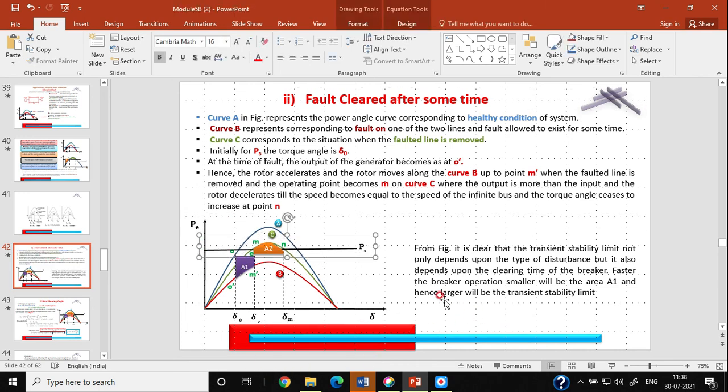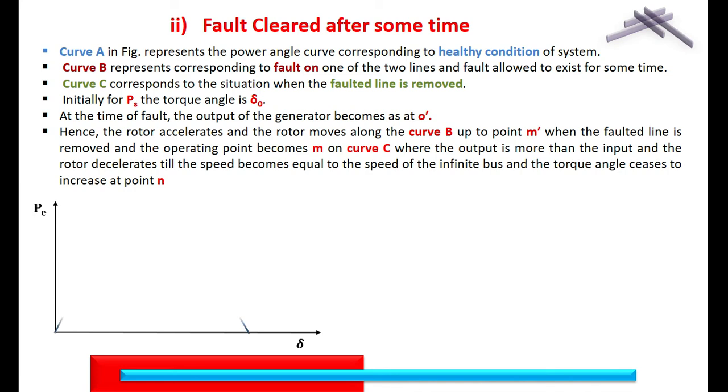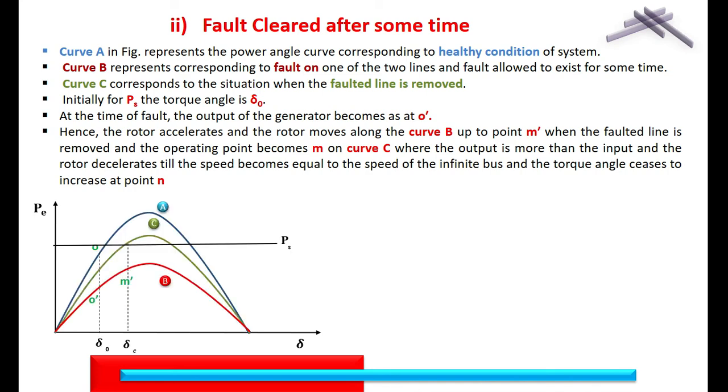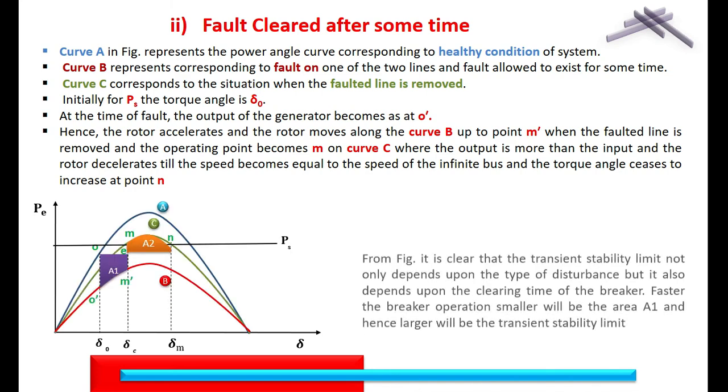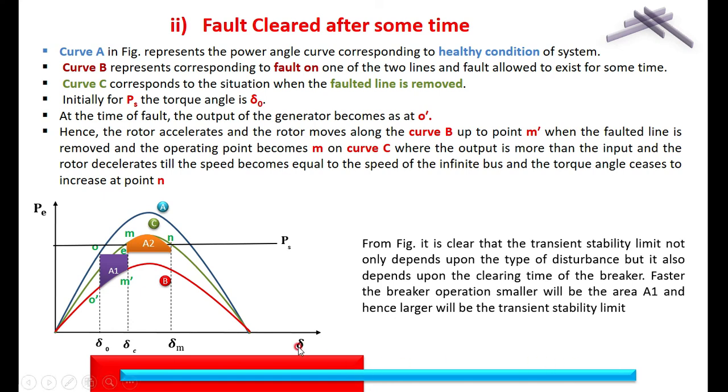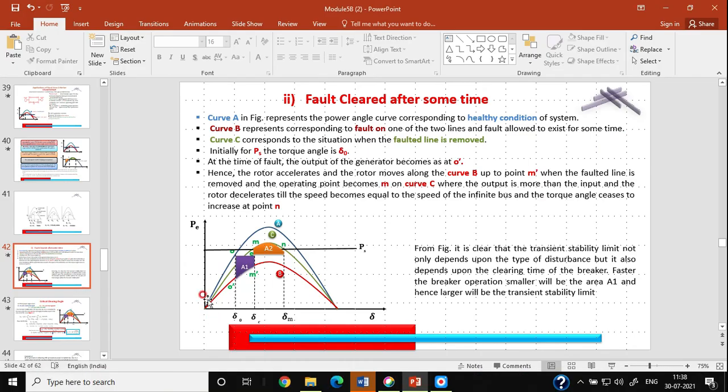If you change your P dash to this value, then your area A2 is also changed, and it is reduced.